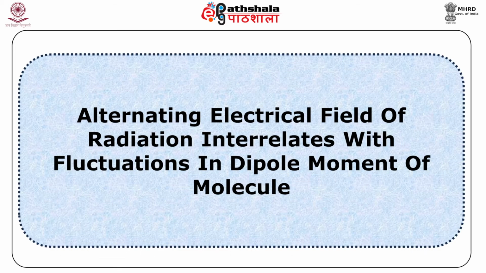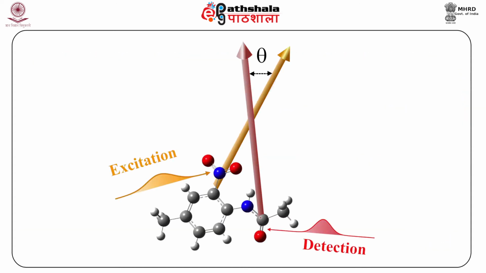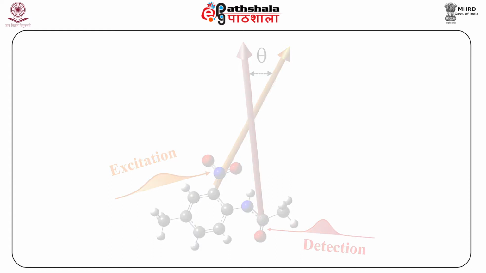The alternating electrical field of radiation interacts with fluctuations in the dipole moment of the molecule. The radiation is absorbed when the radiation frequency matches that of the vibrational frequency of the molecule, thereby resulting in a change in the amplitude of molecular vibration.